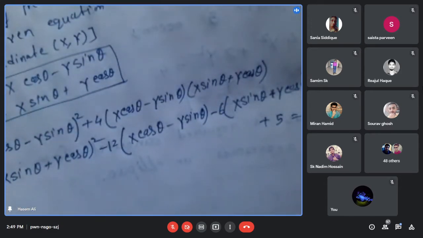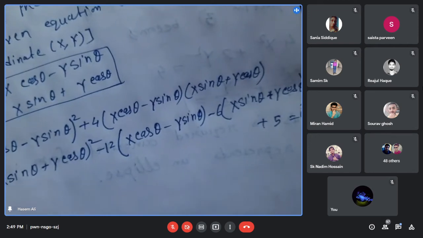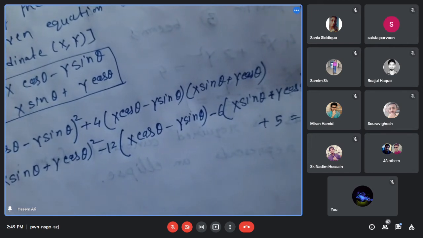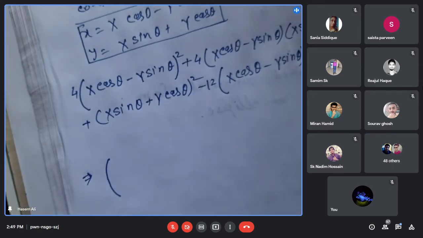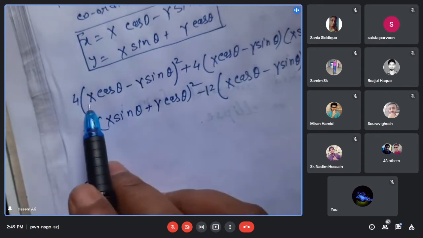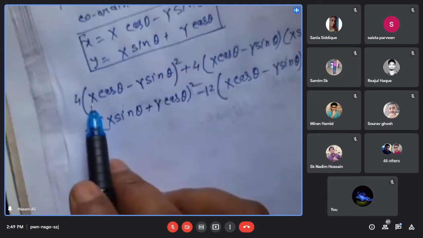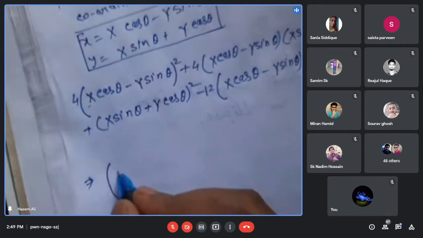And similarly, first write the coefficient of x square. From here, the coefficient of x square is 4 cos square theta.